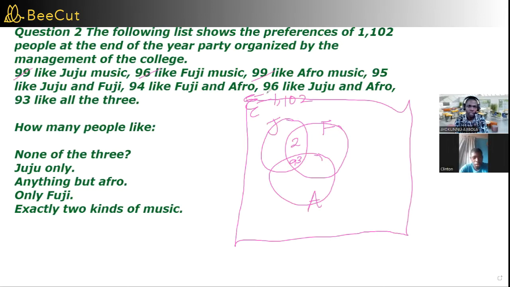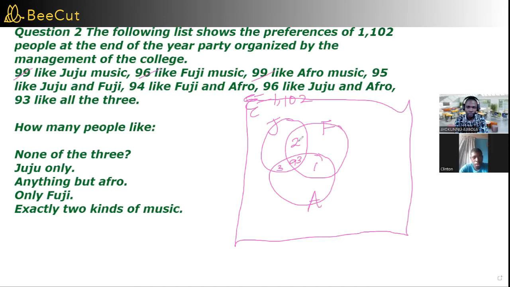Then the next one, 94 like Fuji and Afro. Fuji and Afro is the circle 94, but 93 is already here, so I have only one left. Very good. Then 96 like Juju and Afro. Juju and Afro is 96, this is 93. What remains here? 3.